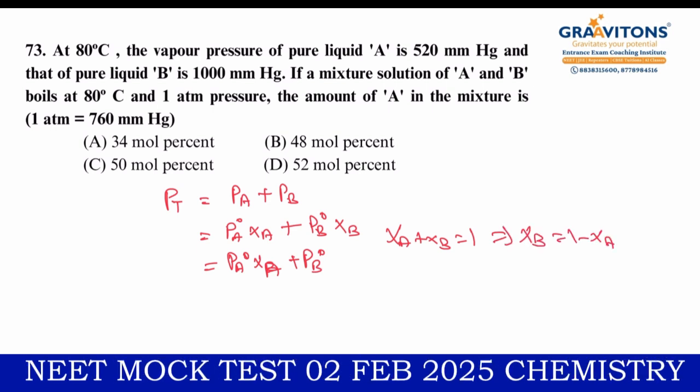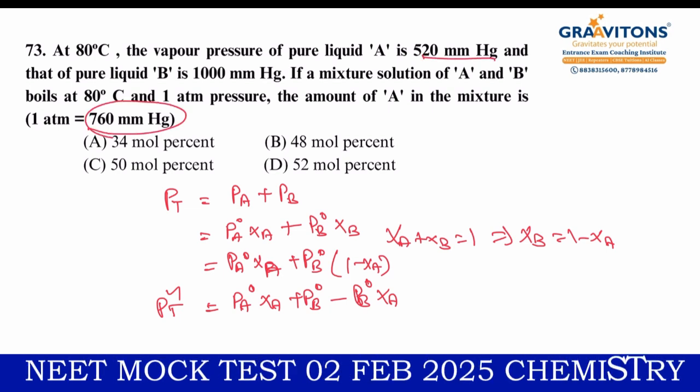So substitute them here, and XB now becomes 1 minus XA, and this is equal to, from PT is equal to PA naught XA plus PB naught minus PB naught XA. We can find the value of PT here, which is nothing but 1 atm. So all are in mmHg. So I am considering 760 mmHg.